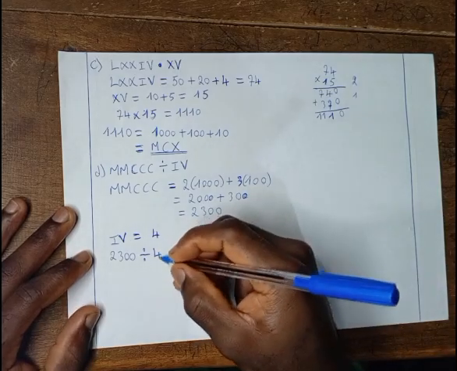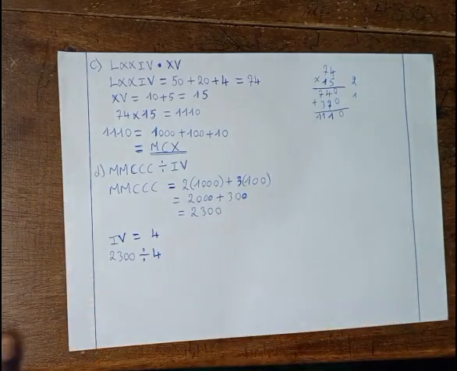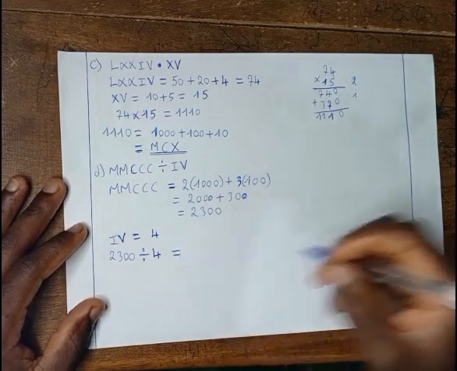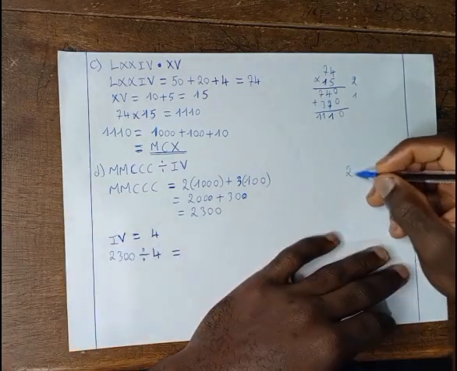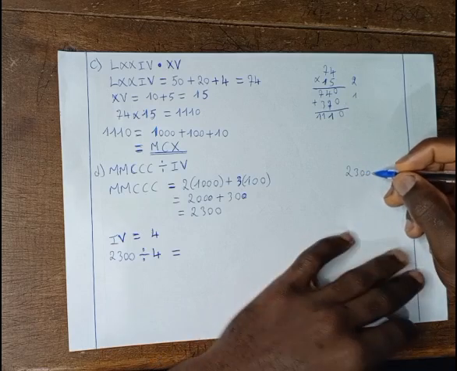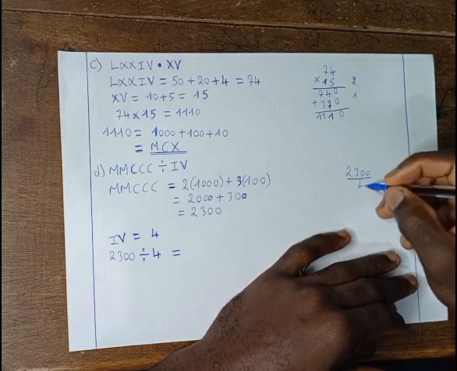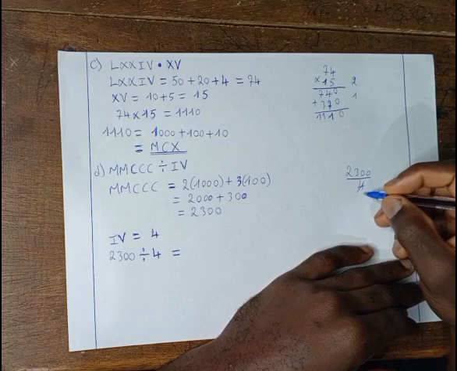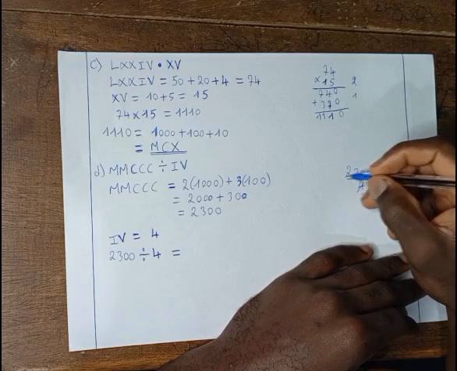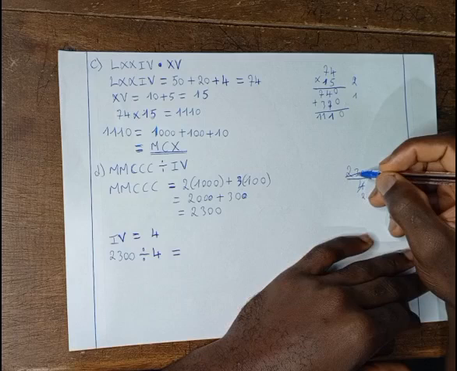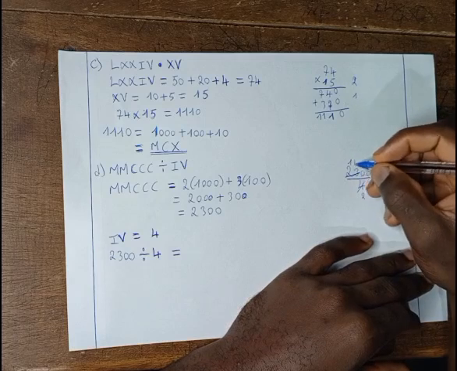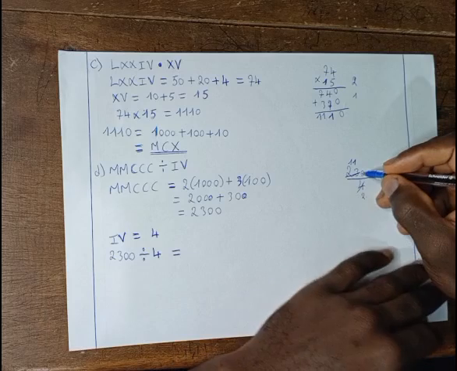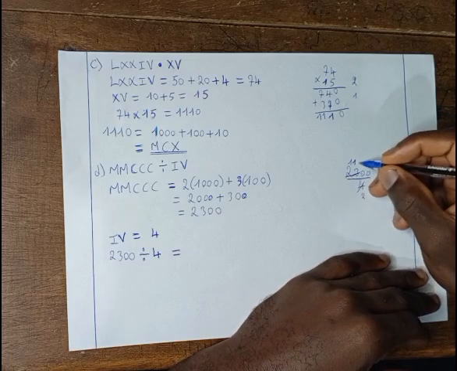So let's perform the division. Take 2300 divided by 4. If you take 2, 2 will go into 4 2 times. 2 will go into 23 11 times. Remainder 1. If we attach the 1 to this 0, it gives us 10. 2 will go into 10 5 times.